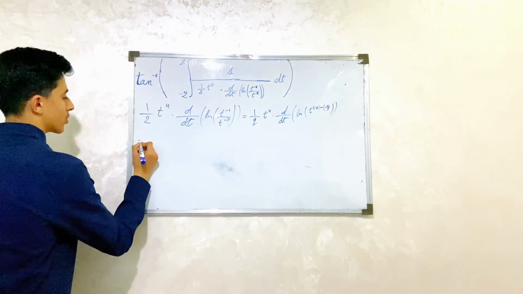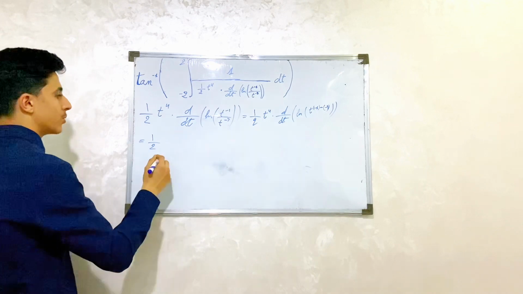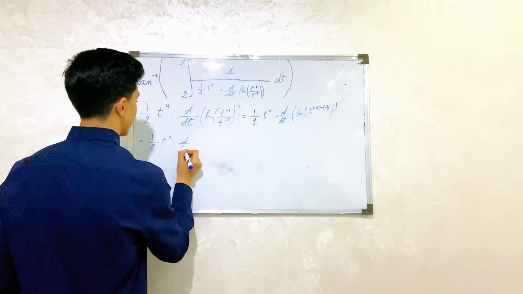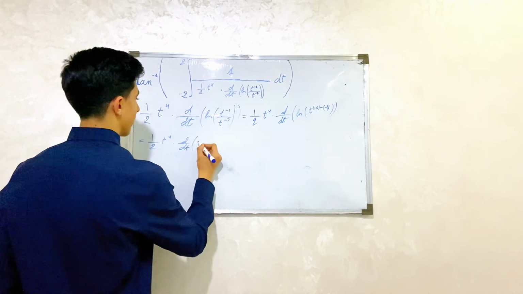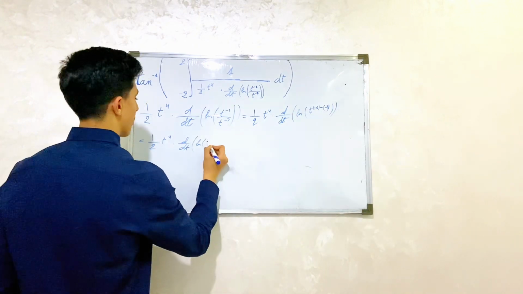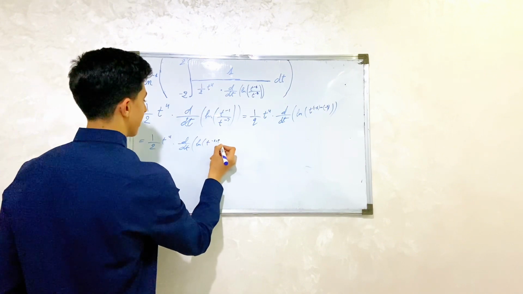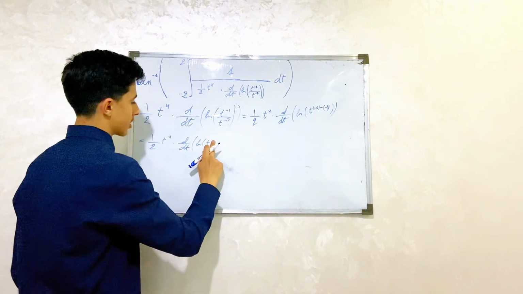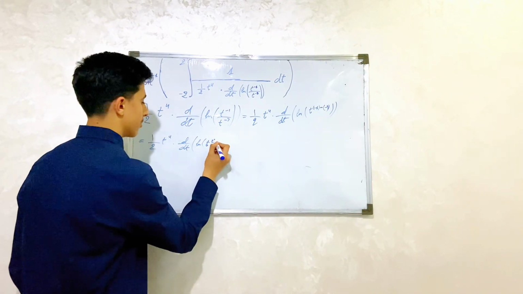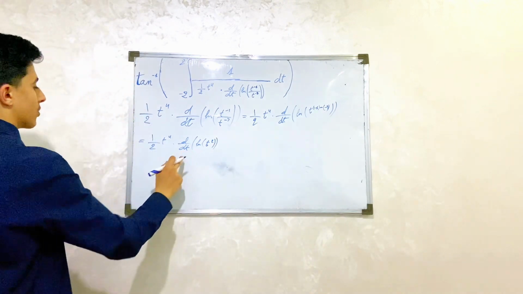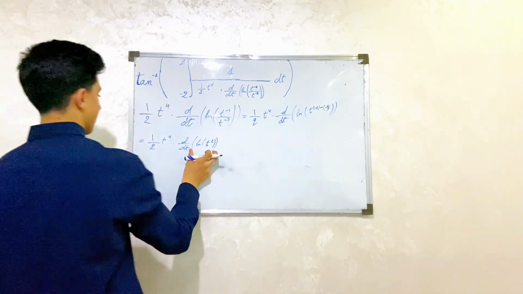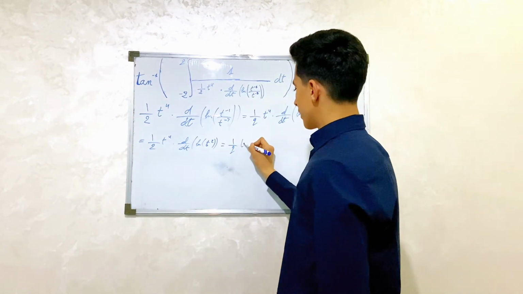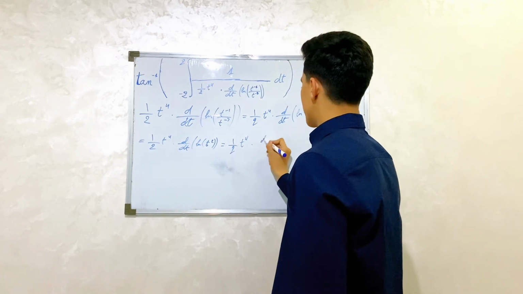So, we are going to rewrite this as 1 over 2 t to the 4th power times the derivative of the natural log of t to the negative 1 plus 3. Negative 1 plus 3, it's 3 minus 1, it's 2. You can just rewrite it as 2. So now, we are going to deal with this.